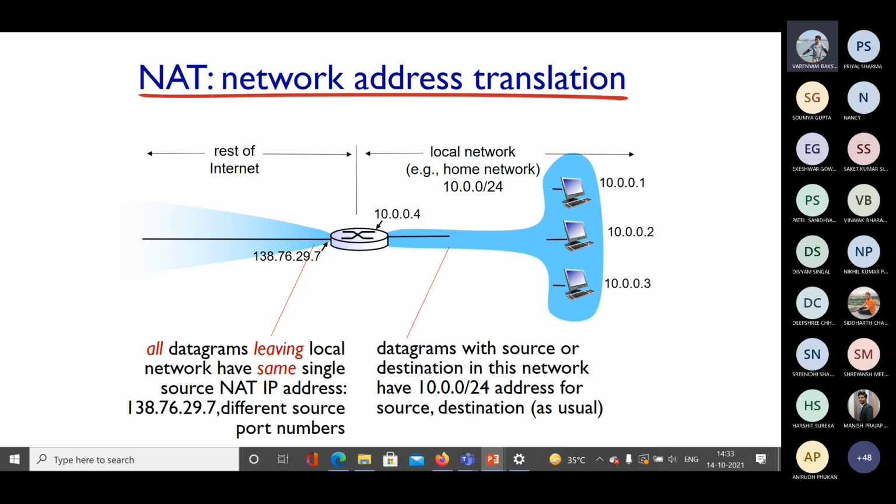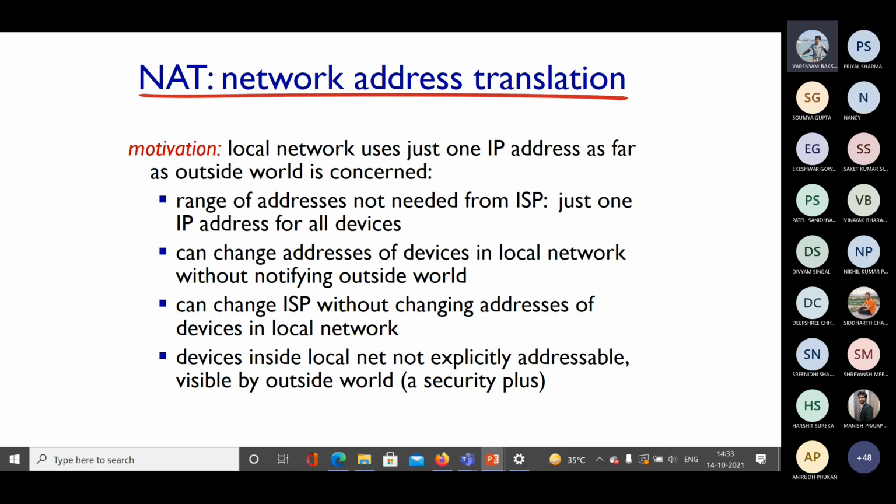I'll not repeat this again, but what we will look at are the advantages that NAT actually gives us. One of the advantages, as we had already seen, is that your entire network is defined by just one IP address.